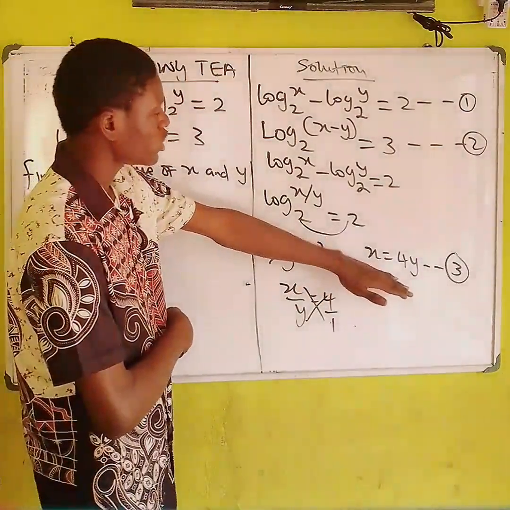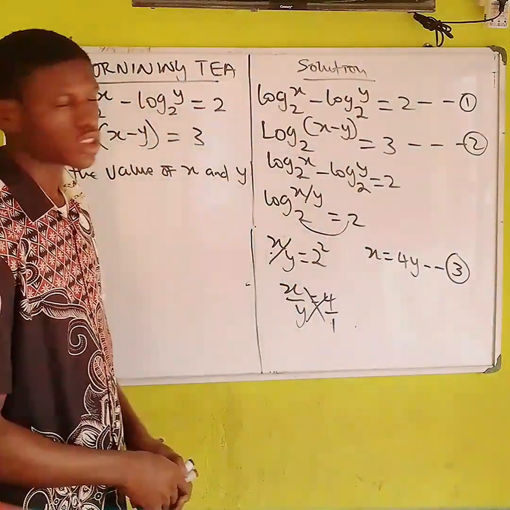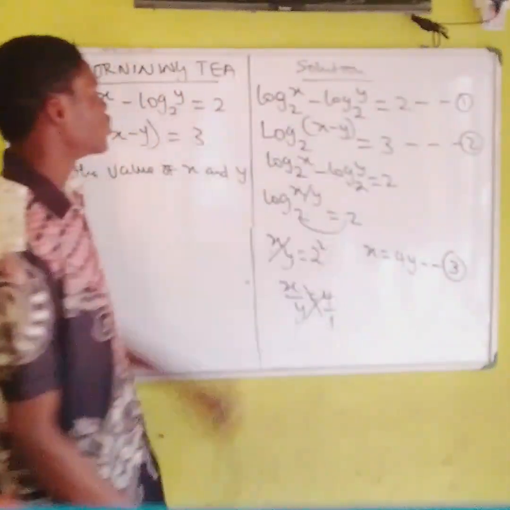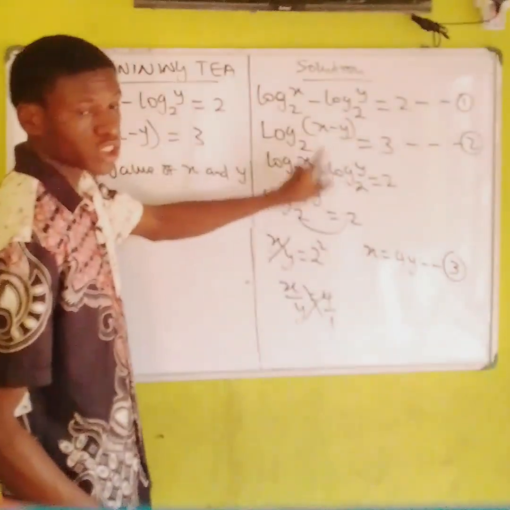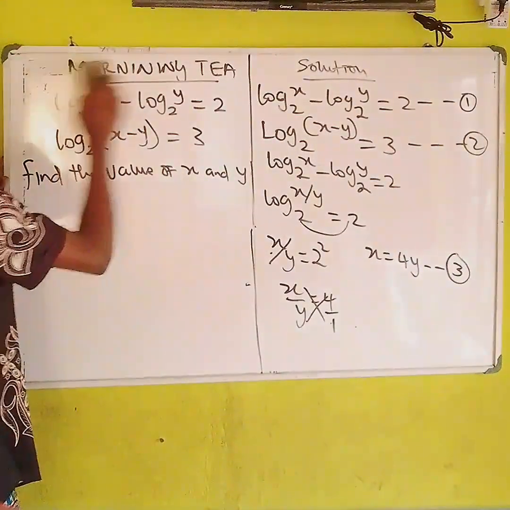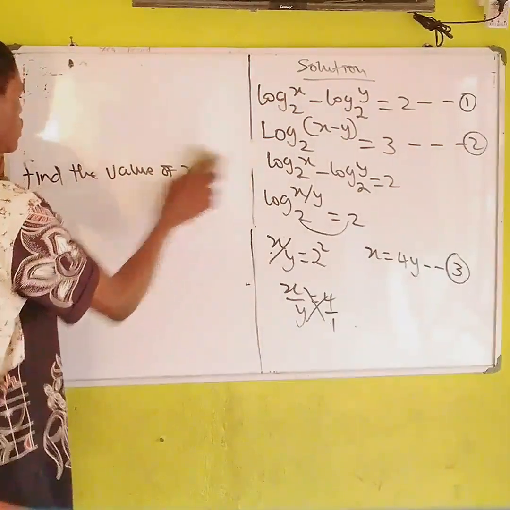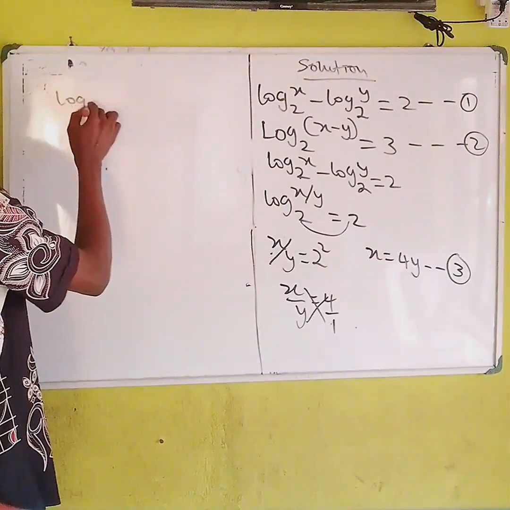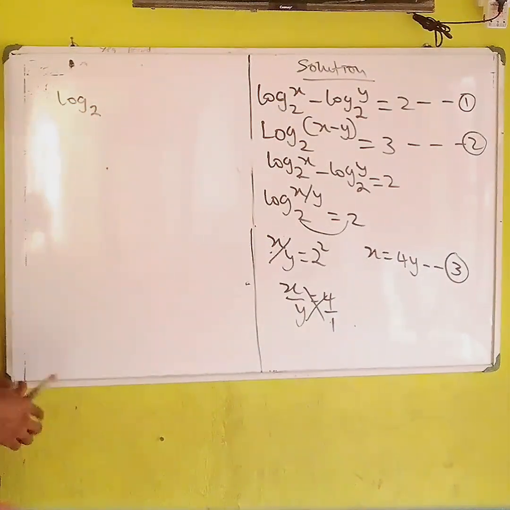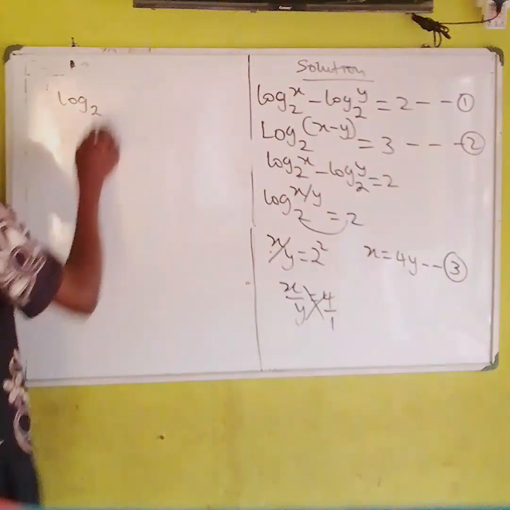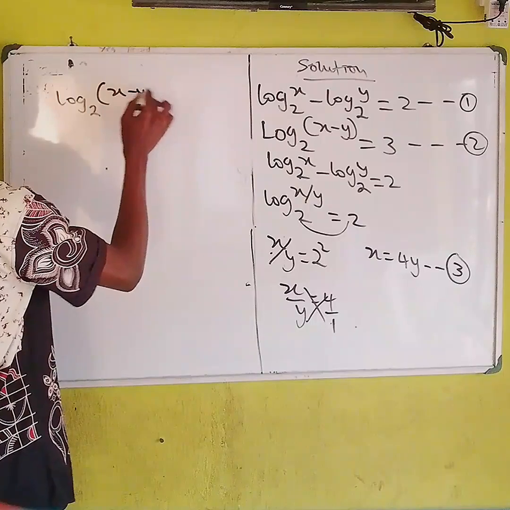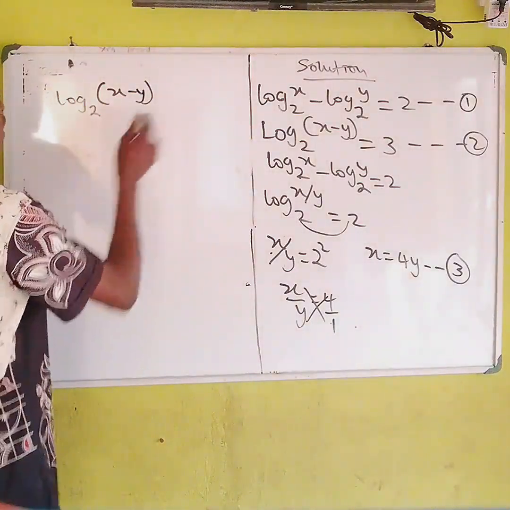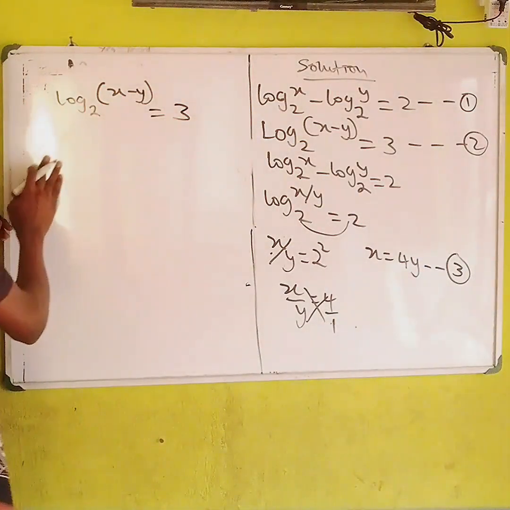If this is equation 3, let's now solve. Let's substitute inside the second equation. I have log base 2 of (x minus y) equals 3.